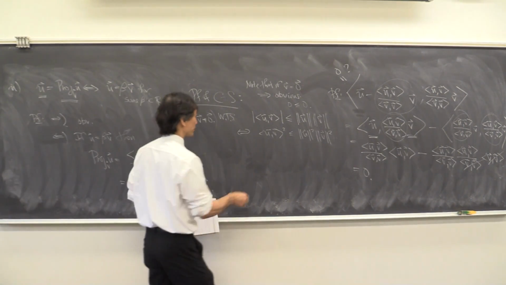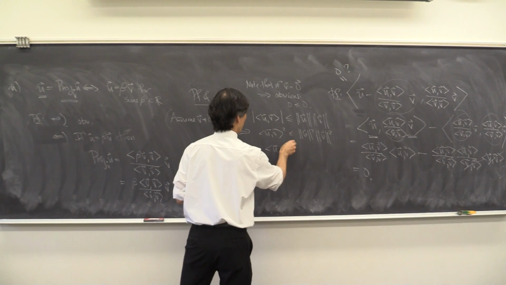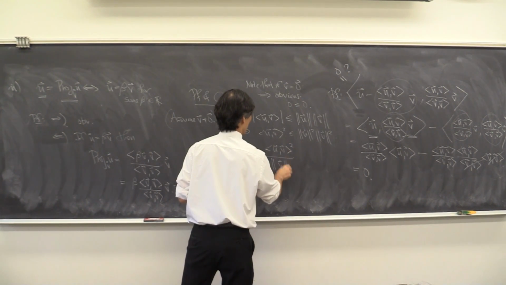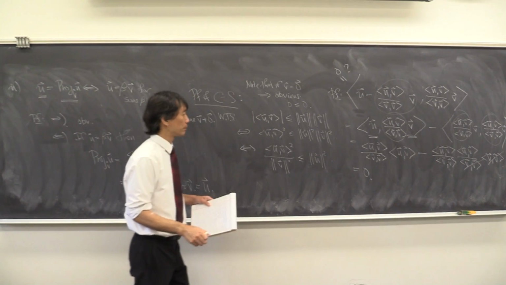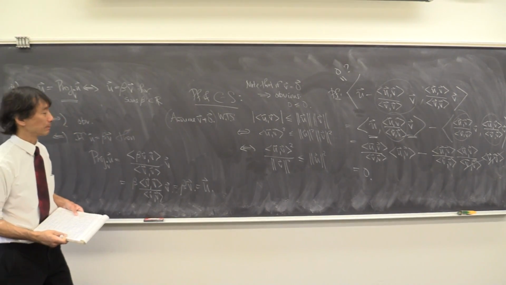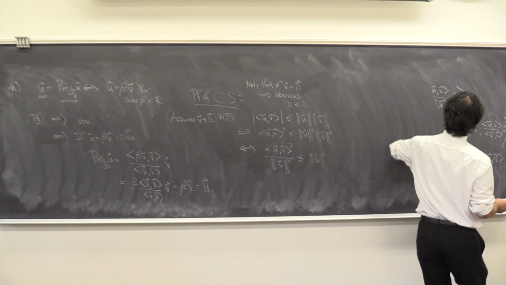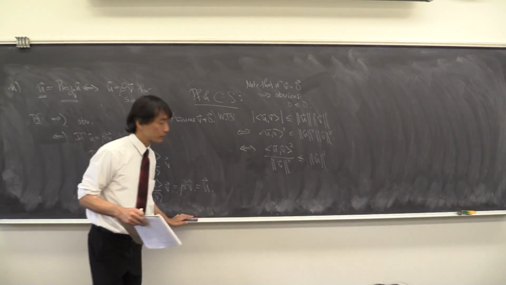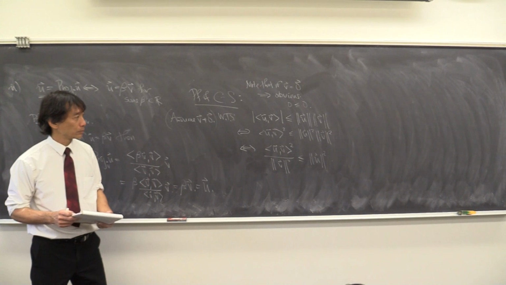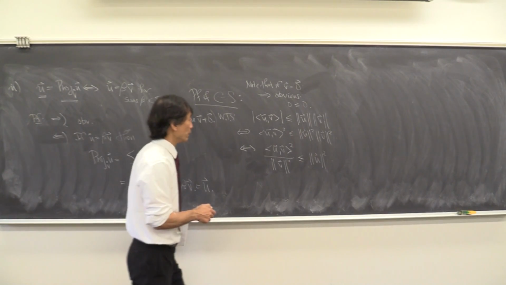Okay, so I'm going to divide both sides now by magnitude of v squared, which is okay because v is not 0. So this is what we want to show.